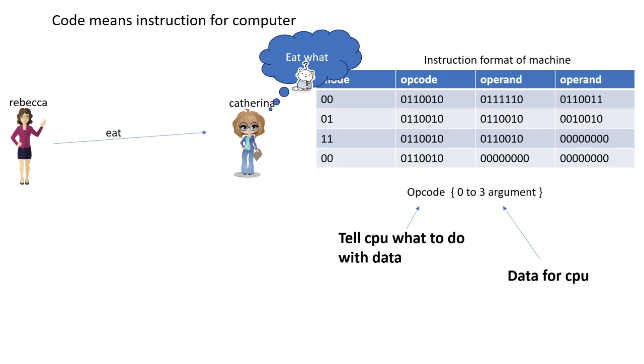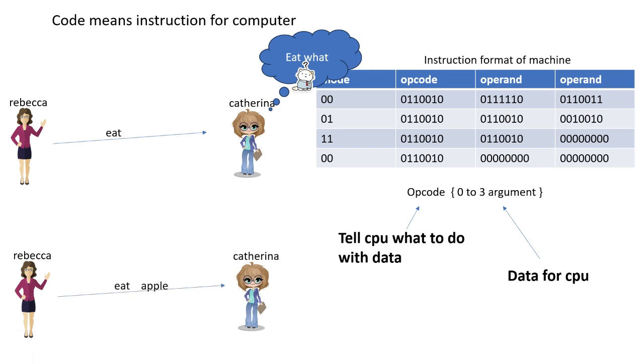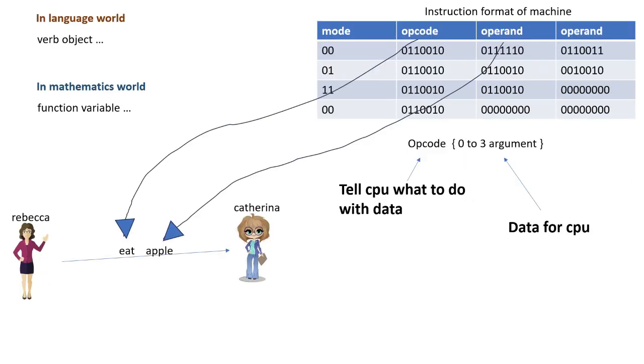This type of conversation makes no sense. Now if Rebecca says "eat apple," Katrina understands and the conversation carries on. So you can think of the opcode as a verb and the operand as an object.